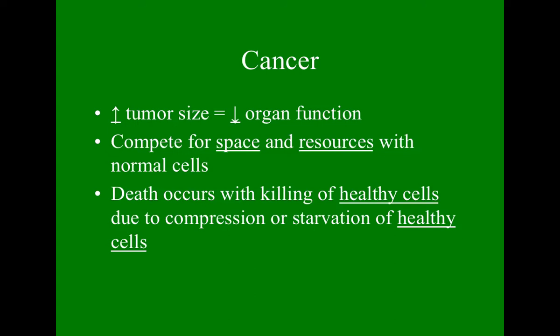And if you kill too many of the cells within an organ, then that organ shuts down, and you lead to some additional problems. And this is what actually happens with cancer. It's not the actual malignant cells that cause an issue. What it is that they compromise the ability for our healthy cells to function properly. So what ends up happening is our homeostasis gets disrupted in such a way that we can't restore it.